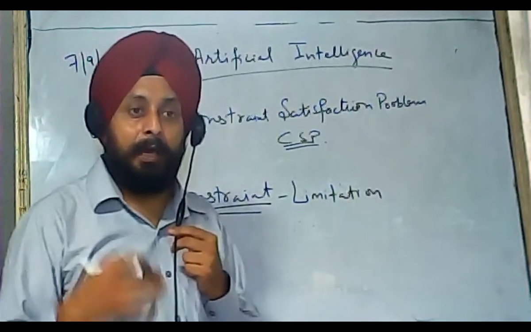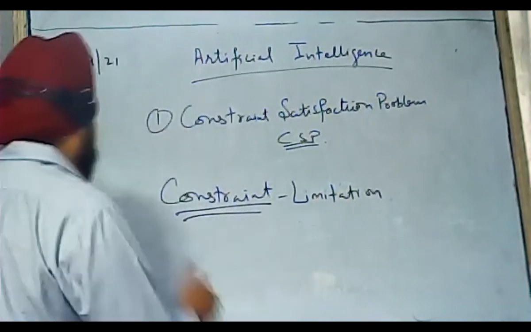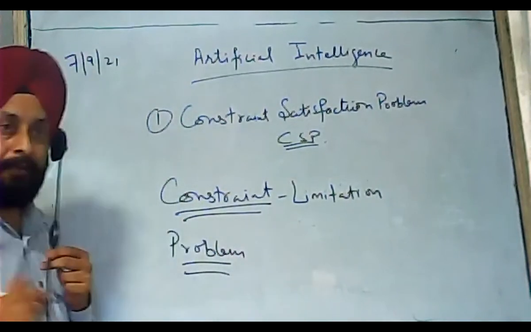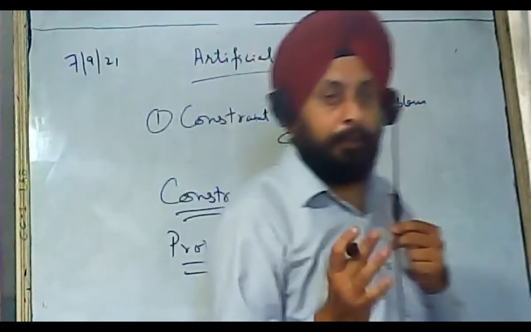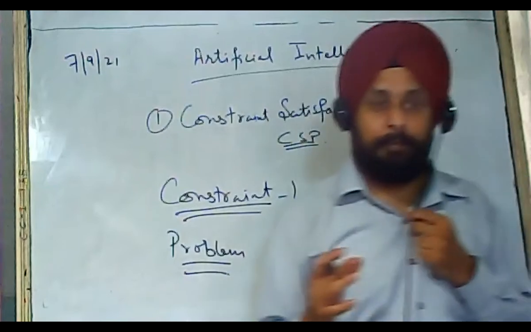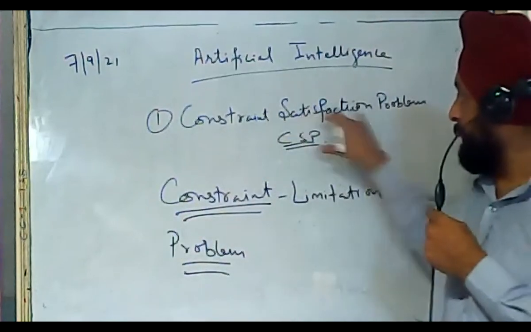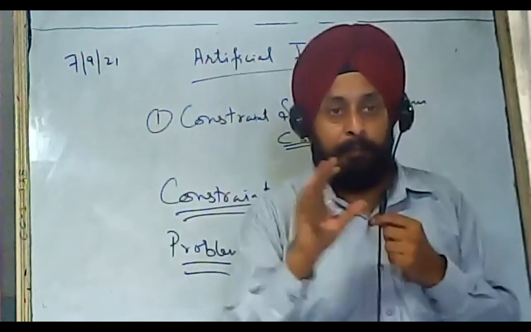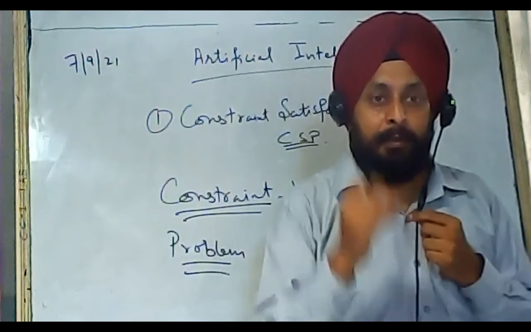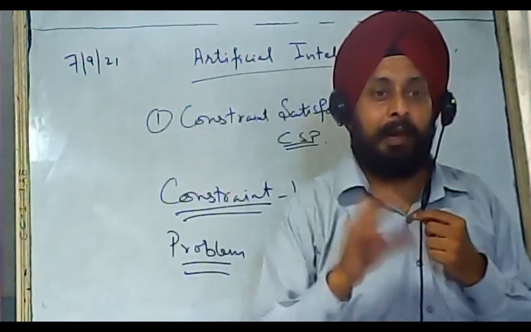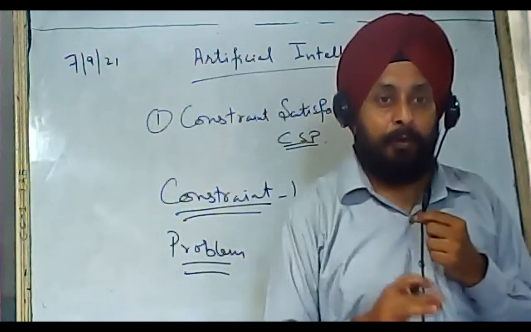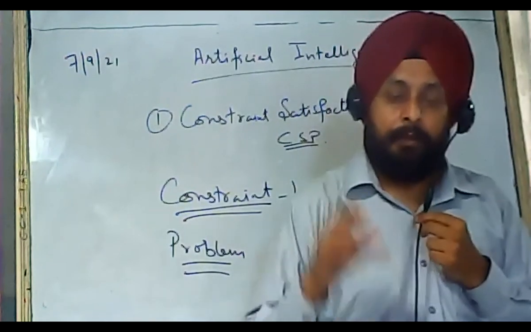If we have a certain problem and you are asked to solve it, you may right away start solving it. But if it comes under the constraint satisfaction problem, then before finding the solution, you must look at which constraints are imposed, the constraints that you have to follow while solving the problem.